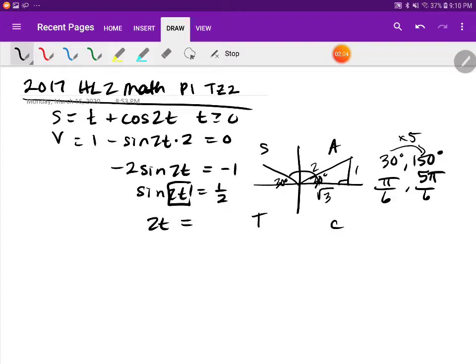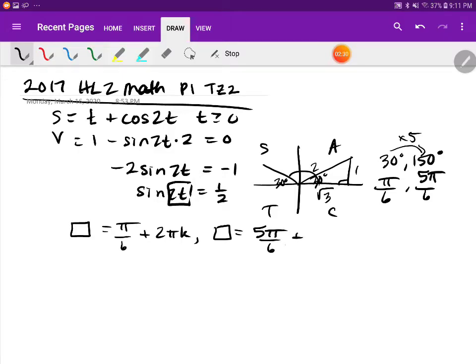Okay. So now, technically, let me show you the official way, in case this was a regular trig problem. So it's 2t equals, so let me write this over here. In math analysis, I kind of go like this so you could see it better. So 2t is pi over 6 plus 2 pi k, and 5 pi over 6 plus 2 pi k.